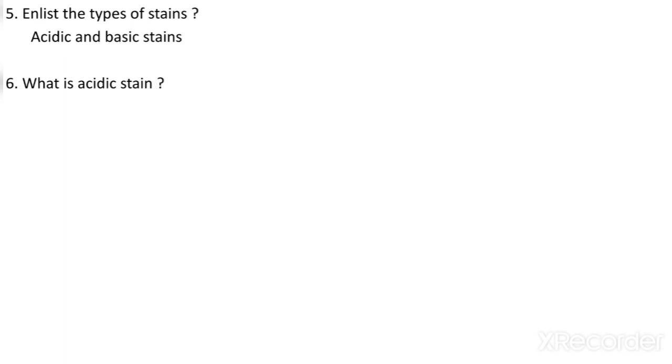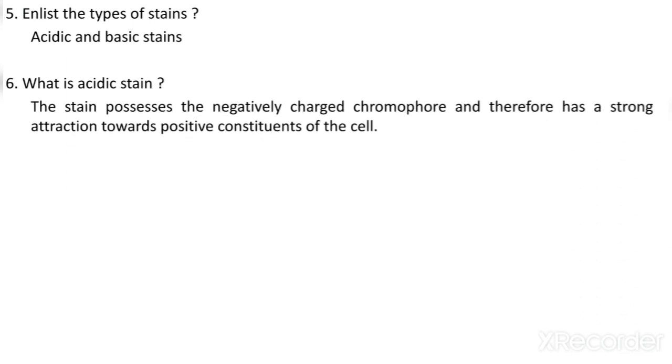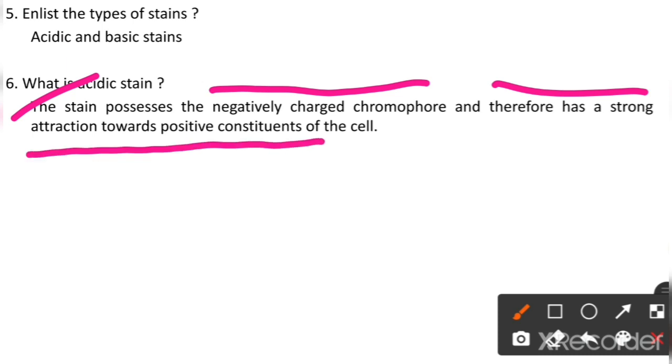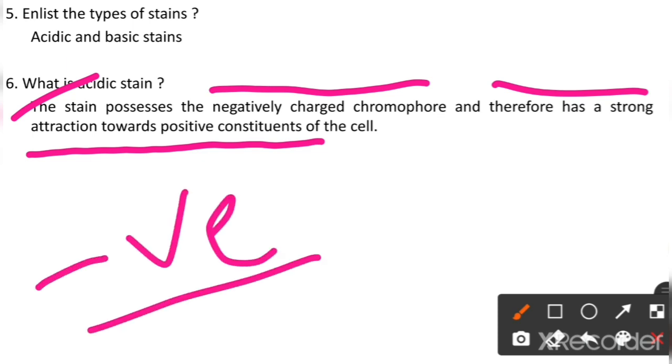Now the next question would be, what is an acidic stain? The stain possesses a negatively charged chromophore and therefore has a strong attraction towards the positive constituents of the cell. The acidic stain contains a negatively charged chromophore group, and the chromophore group is what gives color to the organism.